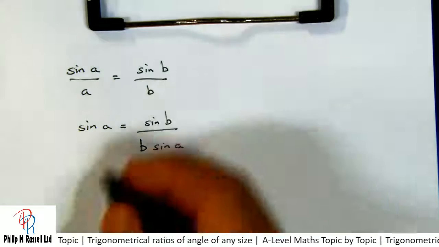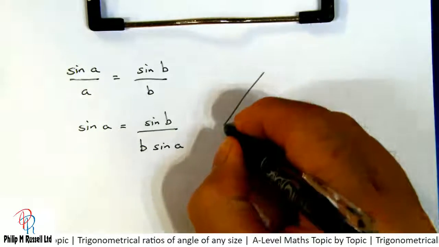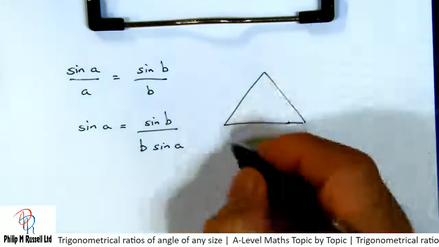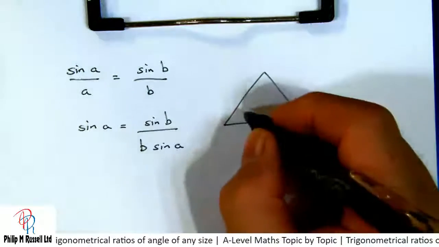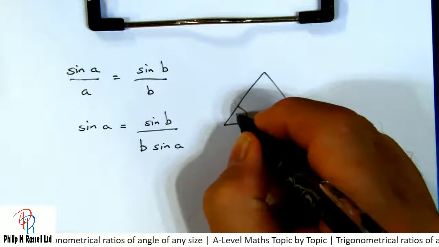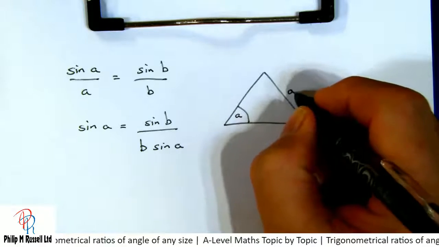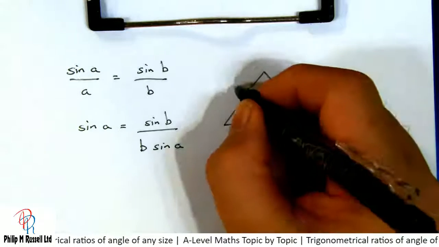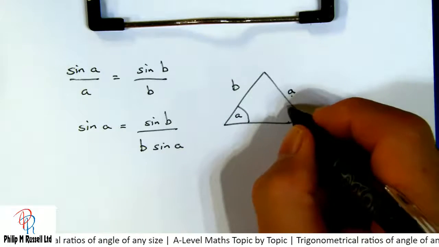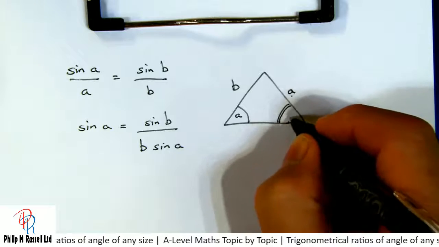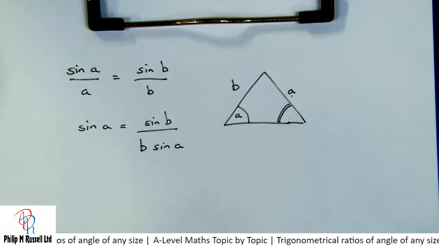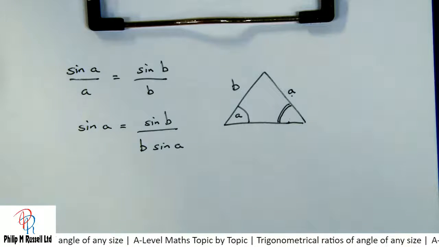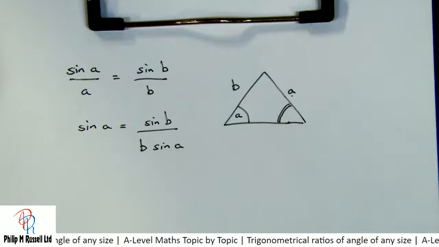Normally, if we've got a triangle to solve like this, and I'm trying to work out a particular angle, then I'll have A and I'll have this one, and then I will have my B, and then we need to find that particular angle. And so this is the type of format we'll see in a particular sum to try and do this.